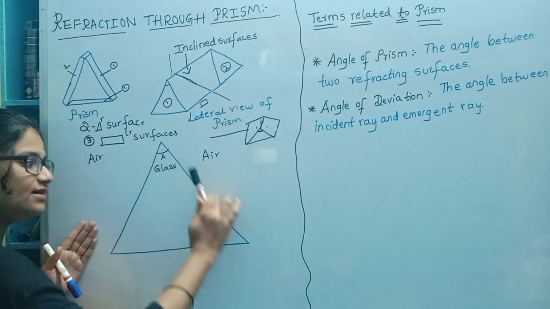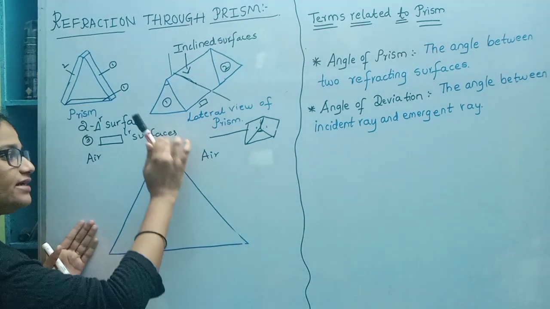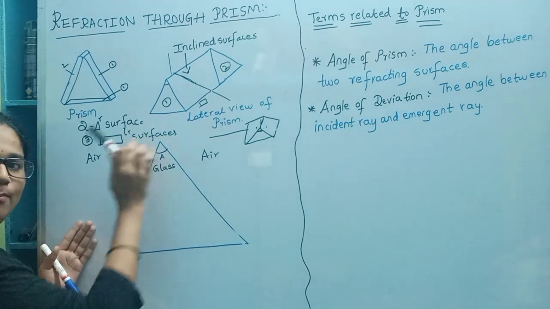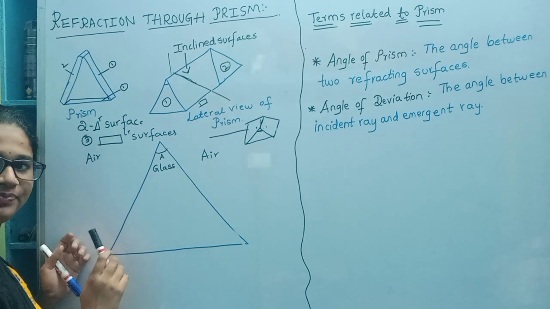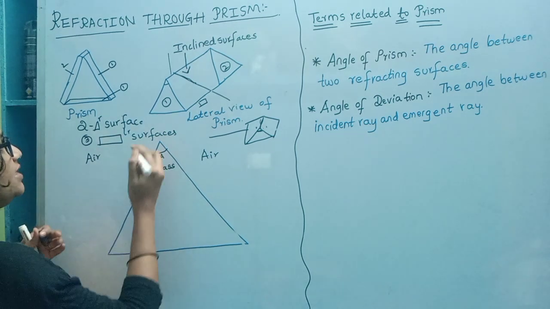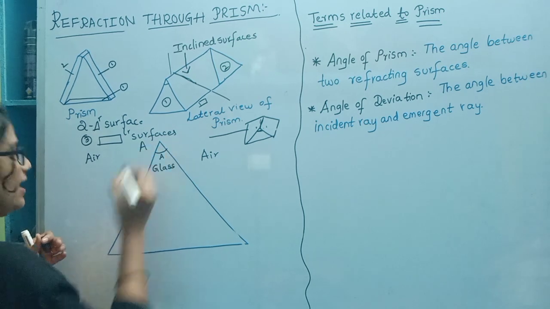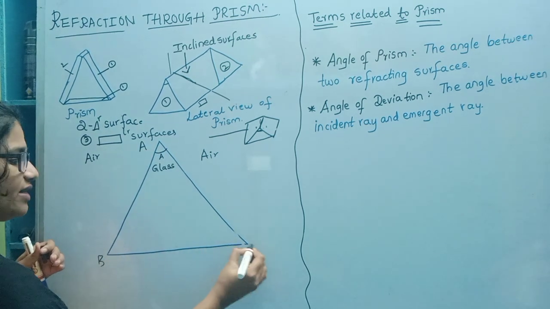Next, let us consider a prism, and this is one rectangular surface and this is the other rectangular surface. Both meet at a point and make the angle of prism. Let us name the triangle ABC for our reference.